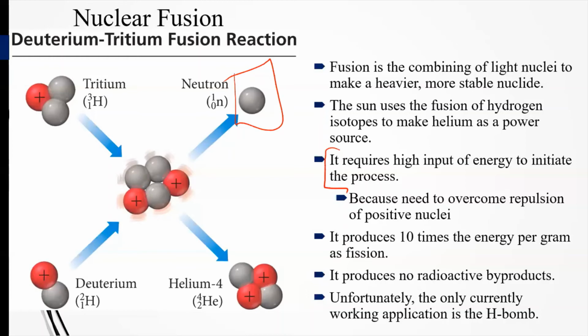But once we do that, the new force that forms inside, the strong force binding our nuclei together, because it's a more stable, heavier nucleus, is even stronger than those forces when they were apart. And so fusion produces 10 times the energy per gram than fission. The other part is that the nuclei that they produce are not radioactive, so there are no radioactive byproducts.